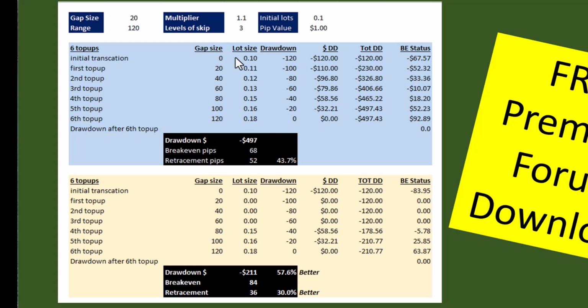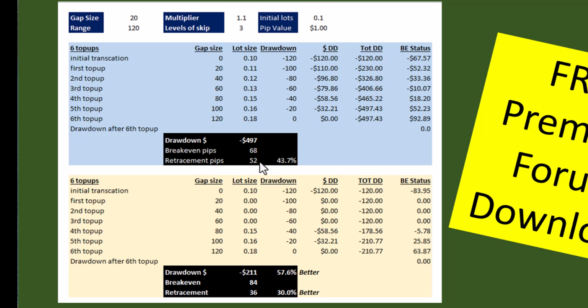So what has happened here? Let's say the price has gone negative by $120. That means the drawdown, if you're using 0.1 lots, would be 497, and you would need a retracement of 52 pips. So that's less than the 120, half of the 120.